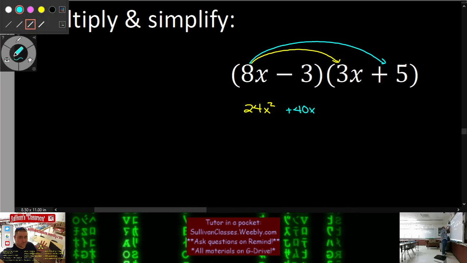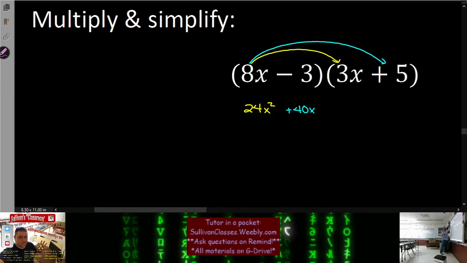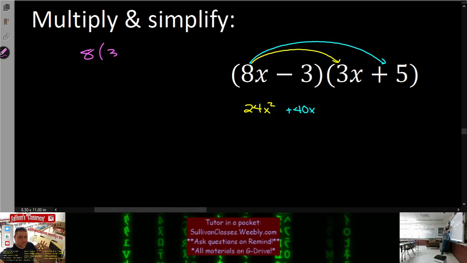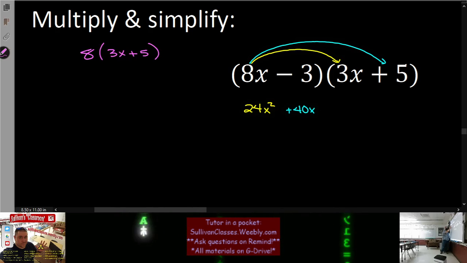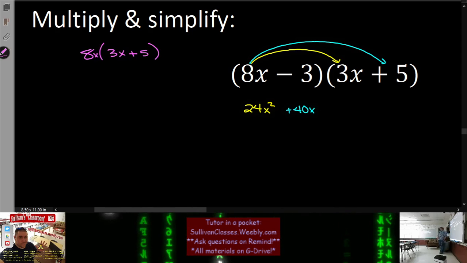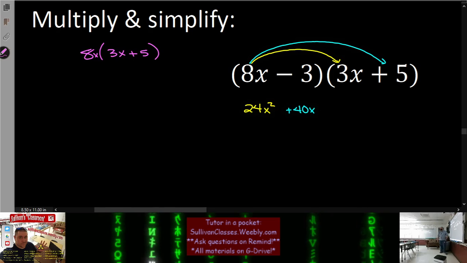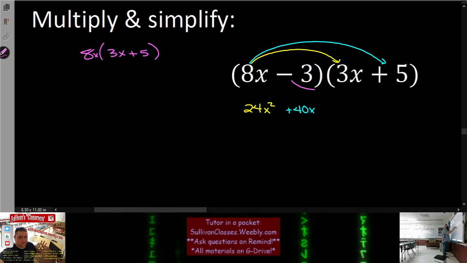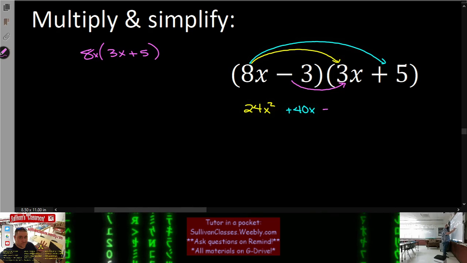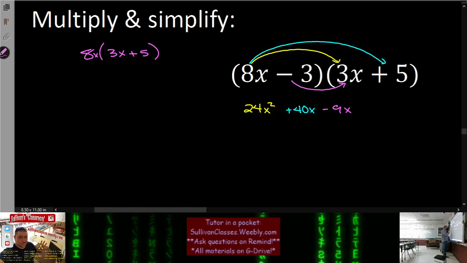But because there were 2 terms in front of it, like we all remember if I said 8 by 3x plus 5, or 8x by, that's easy, right? I just distribute. Well, these ones we had to distribute twice because there were two terms.